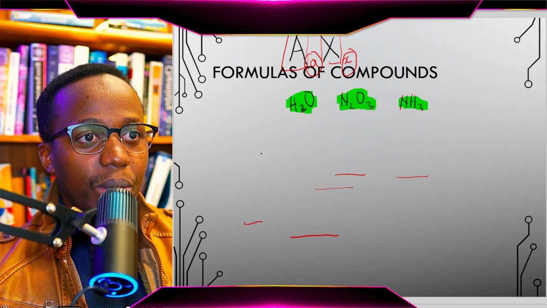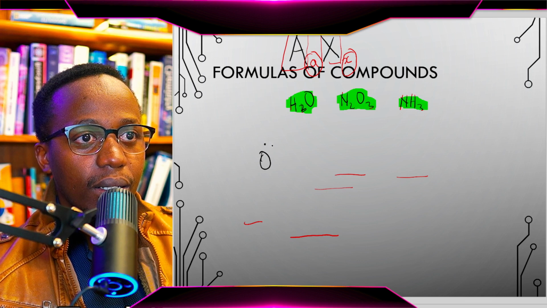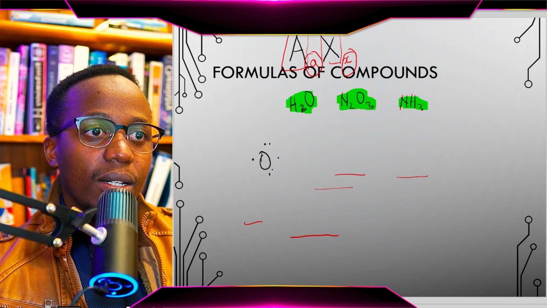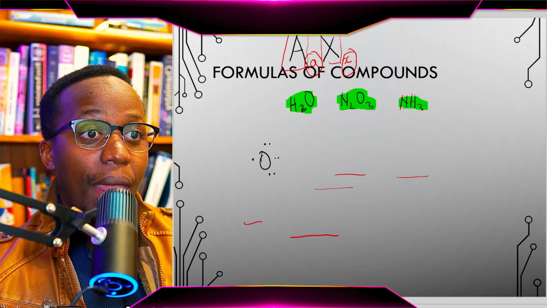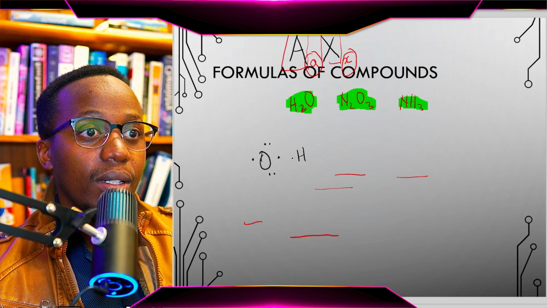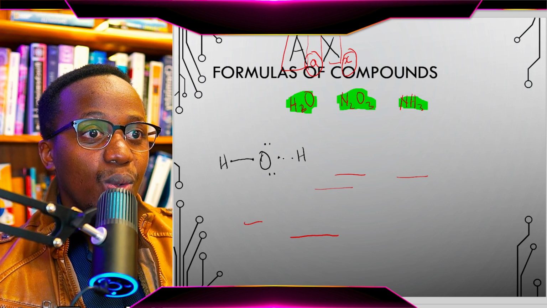Remember that the way we write oxygen is 6 valence electrons, so it's going to be 2 pairs and 2 free electrons. And hydrogen has 1 electron. And guess what happens? 2 hydrogens.